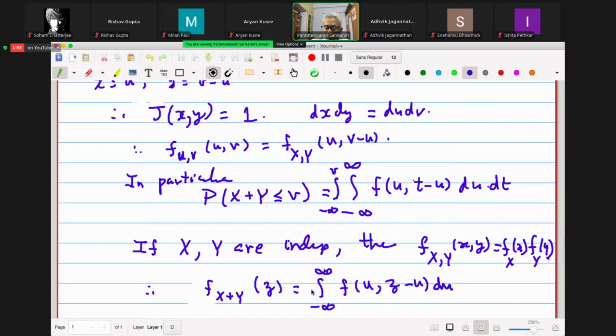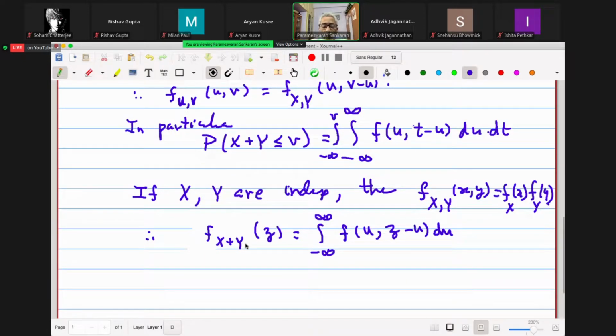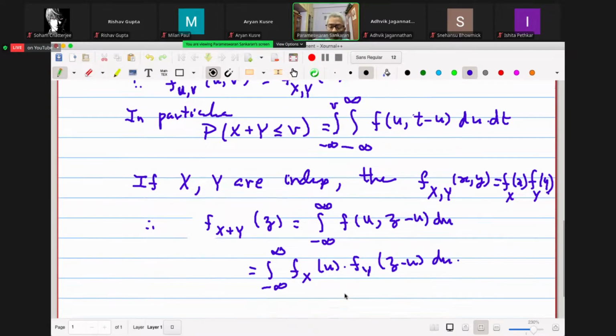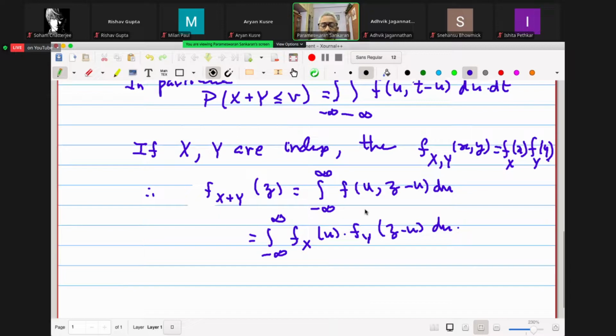But this is the same thing as the integral minus infinity to infinity of fx of u and fy of z minus u du. And this has a name, that's why we want to discuss this. This is an important operation.